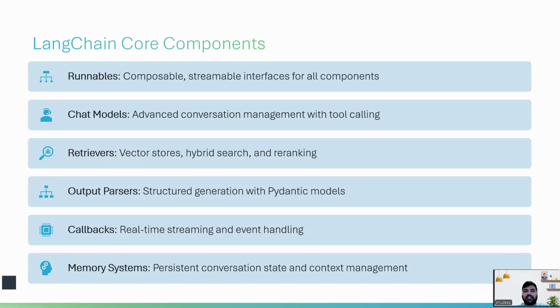This architecture has fundamentally changed around runnables, which is nothing but a composable and streamable way of coding. What does this mean in a practical perspective? Our chat models can now call tools dynamically. So, what is tool calling? Tool calling is similar to trying to execute something from your chatbot.